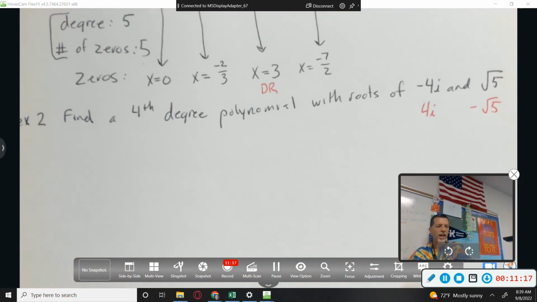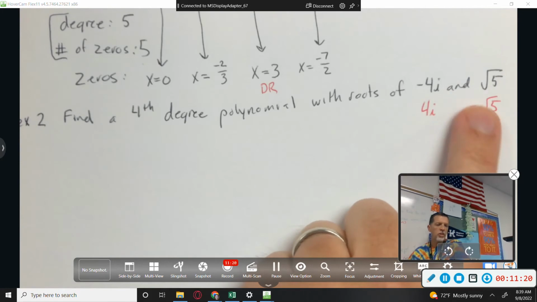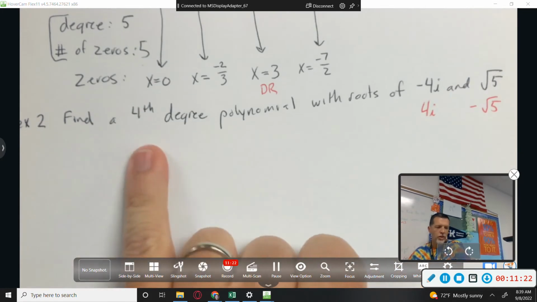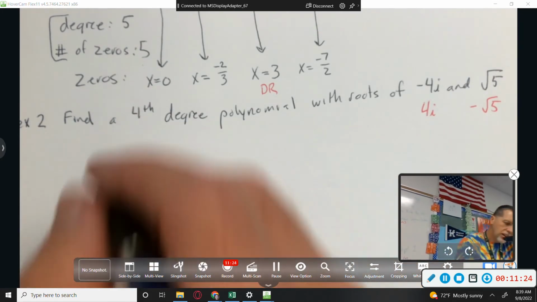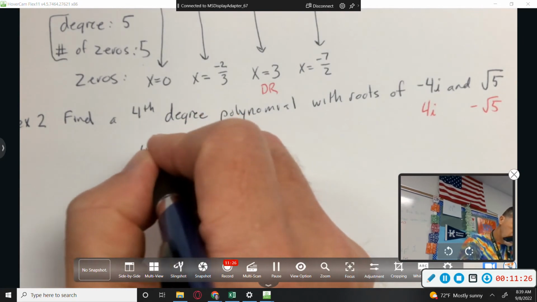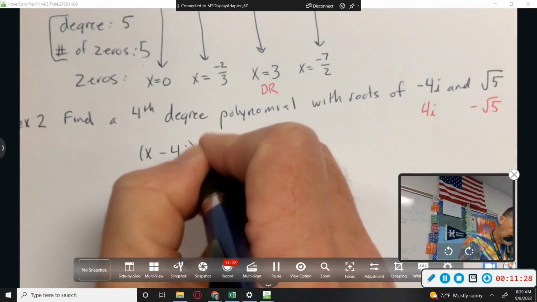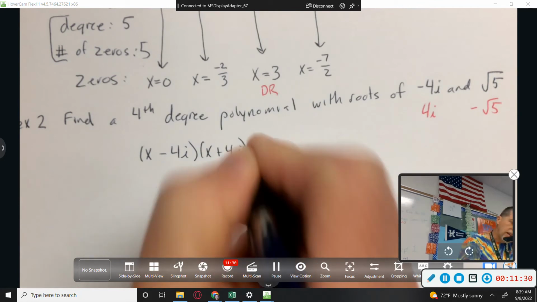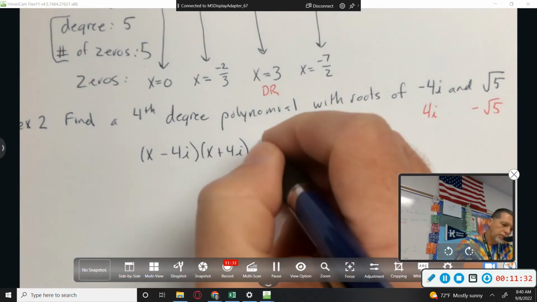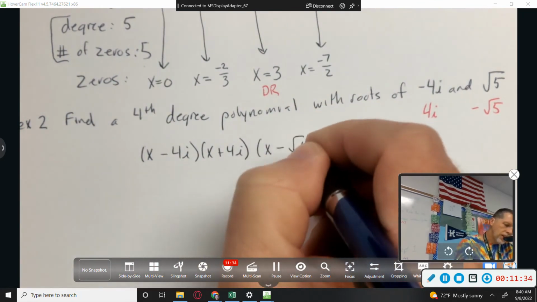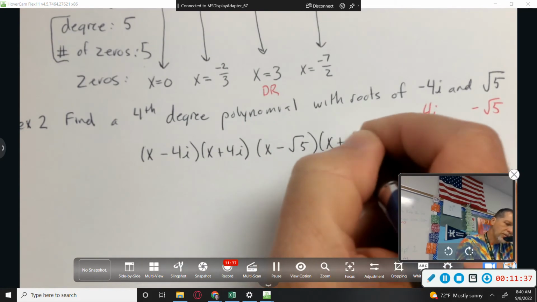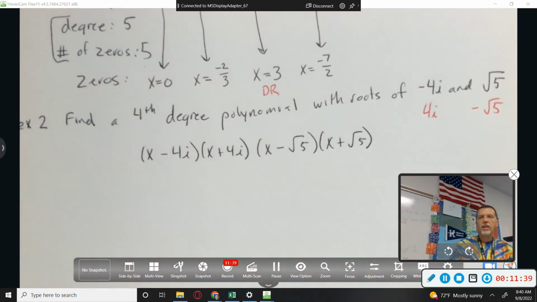Okay, so I've got 4 zeros, and I know I want a fourth degree, so I've got everything I need. Let's go x minus 4i and x plus 4i. That would be 2 factors. And then x minus root 5 and x plus root 5. So I've got all 4 factors.